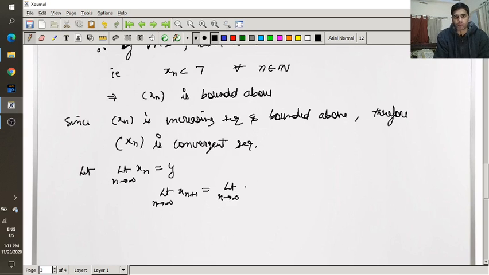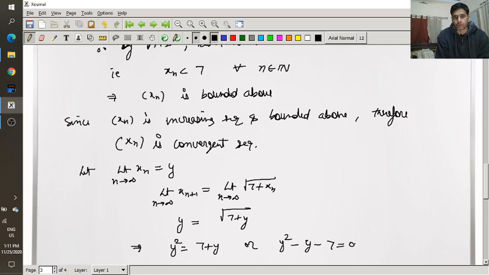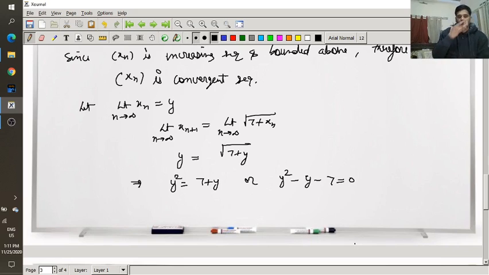Because this is a recurrence formula, I can write the recurrence relation here. So this is again y, and this I can write as the square root of 7 plus y. So this implies y squared equals 7 plus y, or y squared minus y minus 7 equals 0.